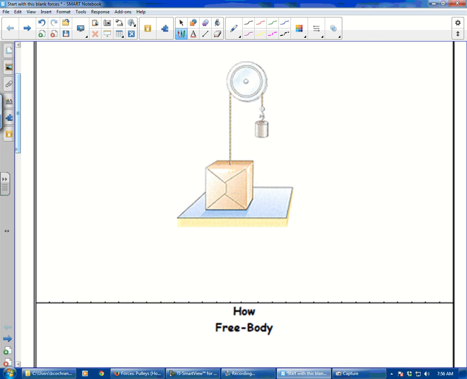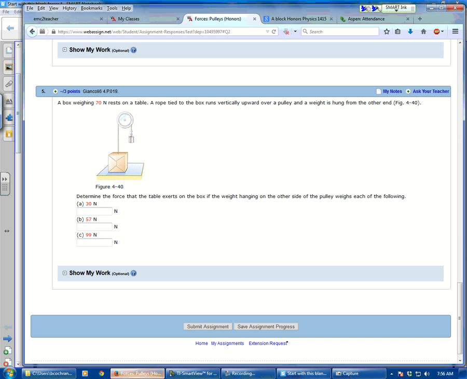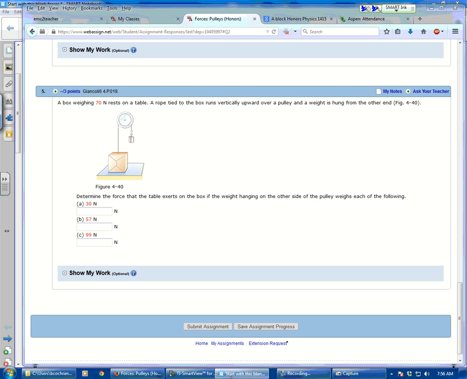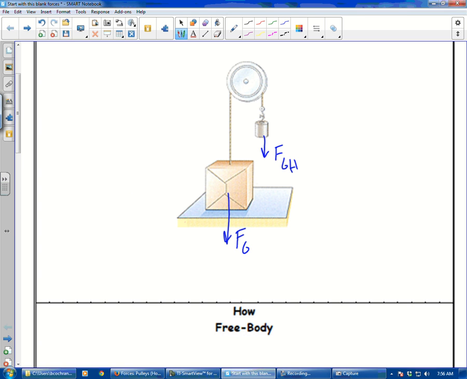We would have, I'm going to call that FGH for the weight of the hanging mass. We have FG, they call it a box or a pack? A box. So FGB for the box.